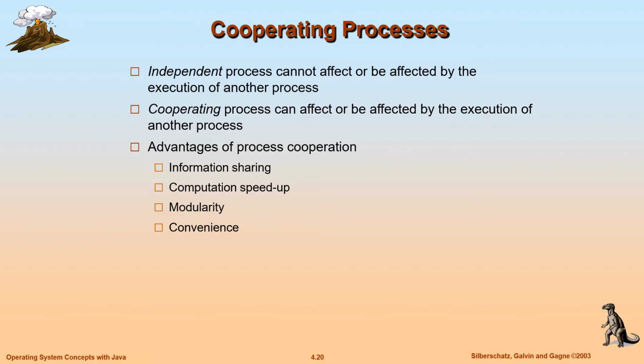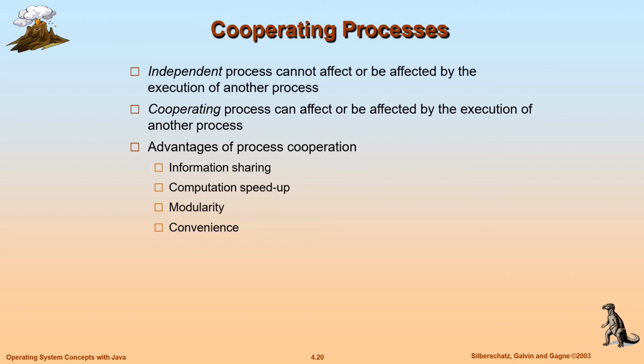Third, modularity. We may want to construct the system in a modular fashion, dividing the system functions into separate processes or threads. A big system can be designed in a modular fashion, and each function can act as a separate process or thread.